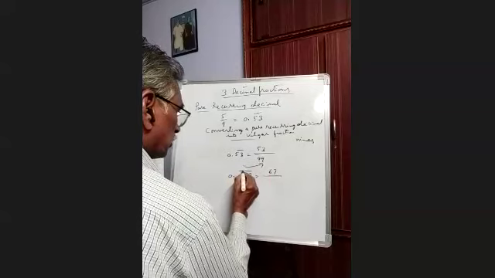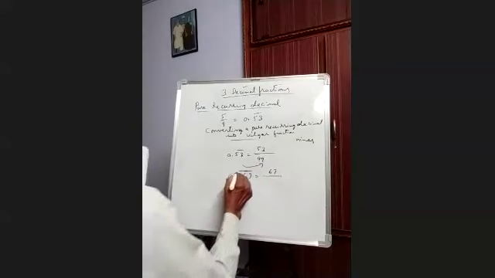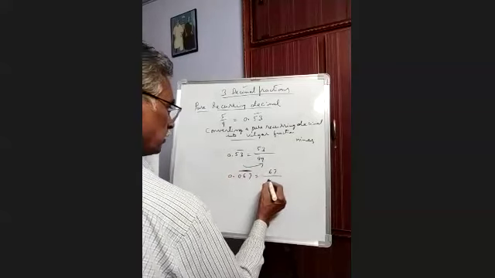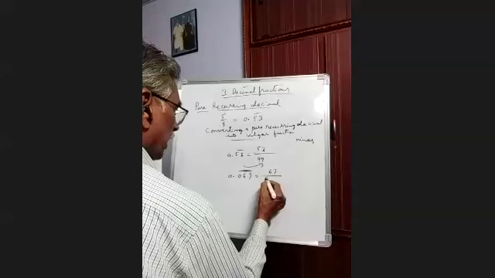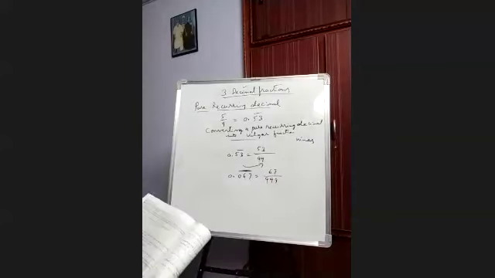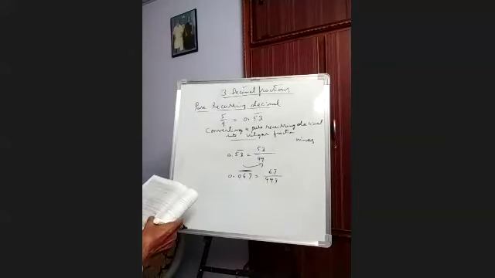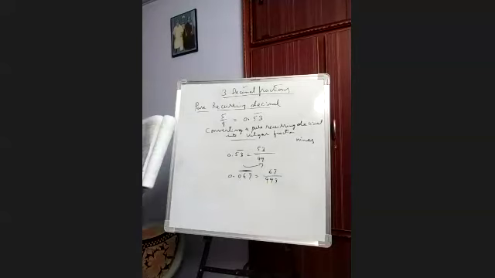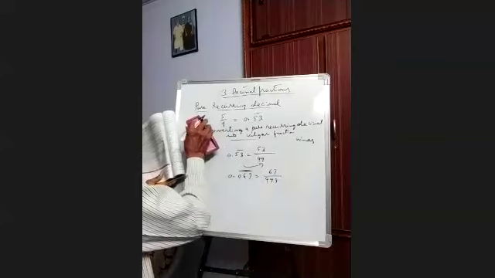Actually, 067 is the repetition, with the bar over all 3 digits. So 67/999 is the equivalent fraction. That is the method of converting a pure recurring decimal into a fraction.